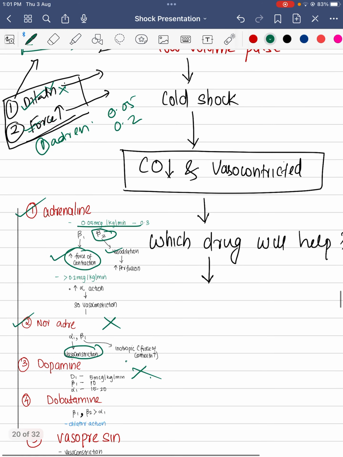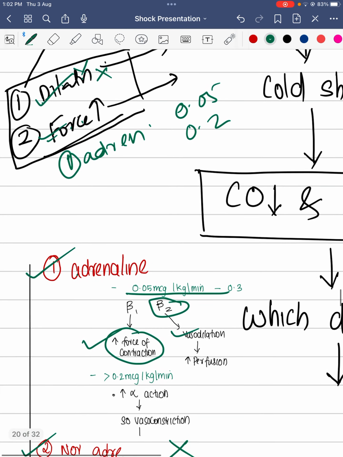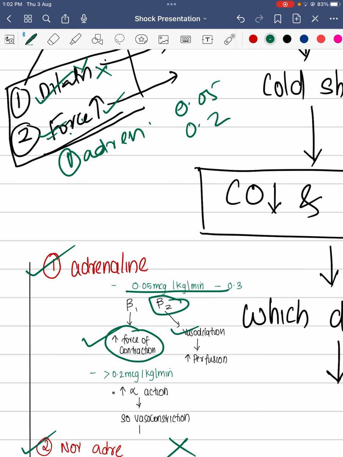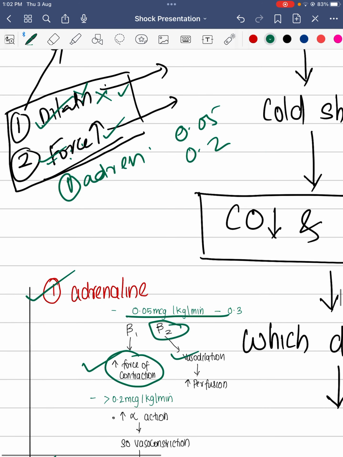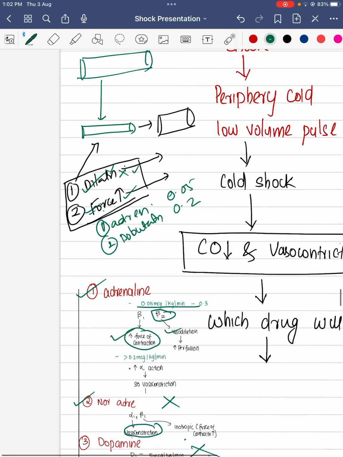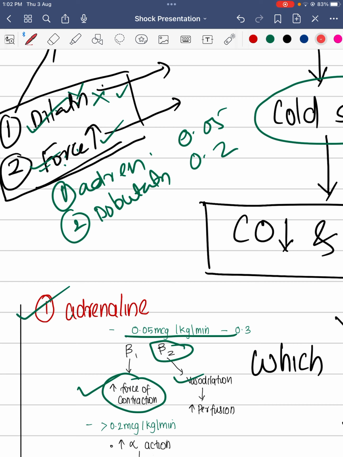Now dobutamine has beta 1 action. Our target is force of contraction, so dobutamine can increase the force of contraction. Dobutamine has a dilatory effect also, beta 2 dilatation, so both functions. So adrenaline and dobutamine can help us in a case of cold shock. But one problem is there. Dobutamine is a high, forceful vasodilator.